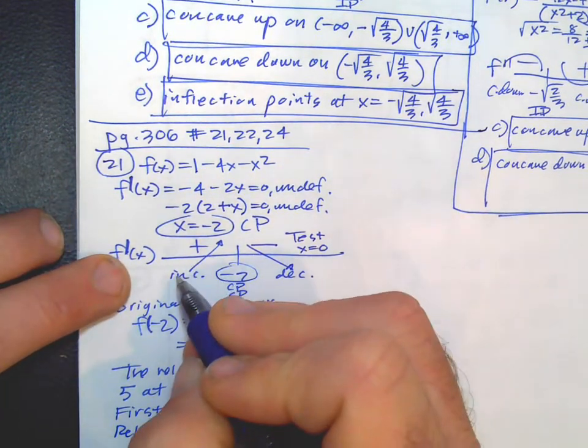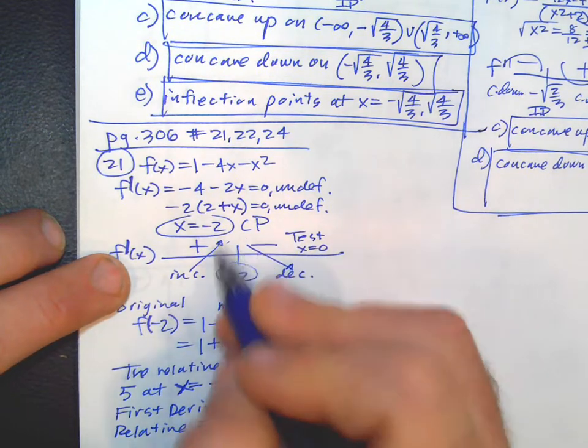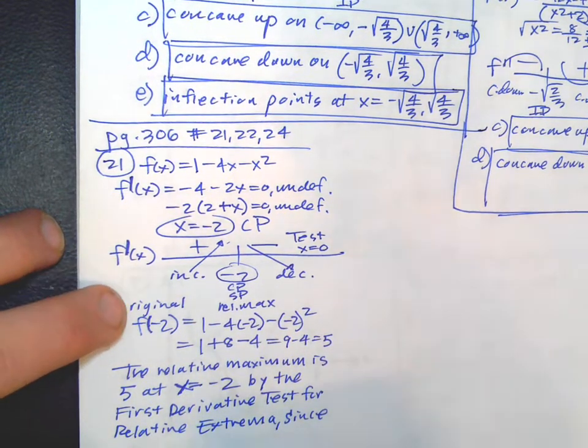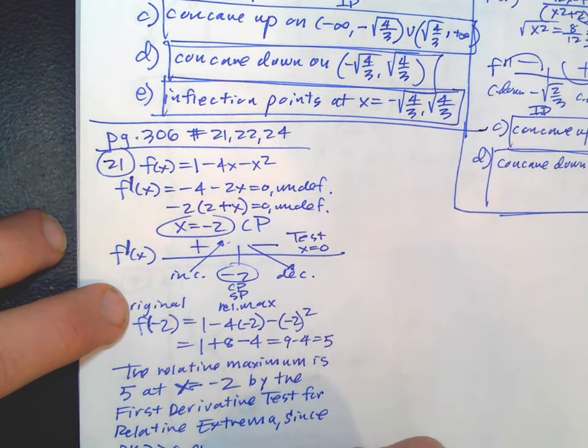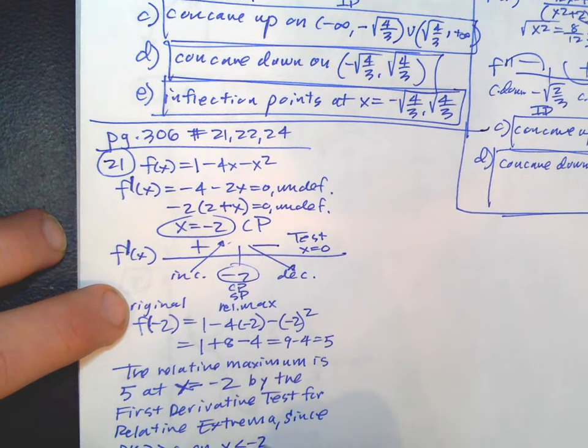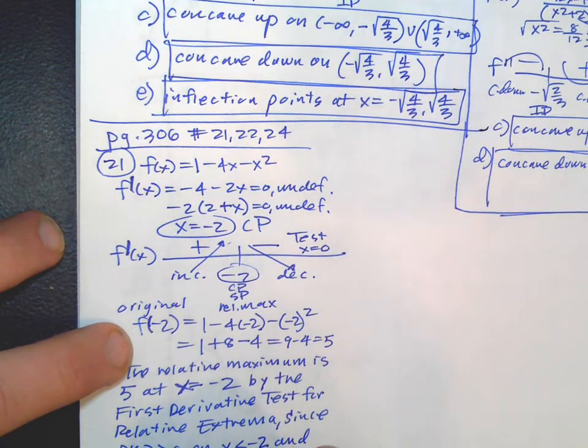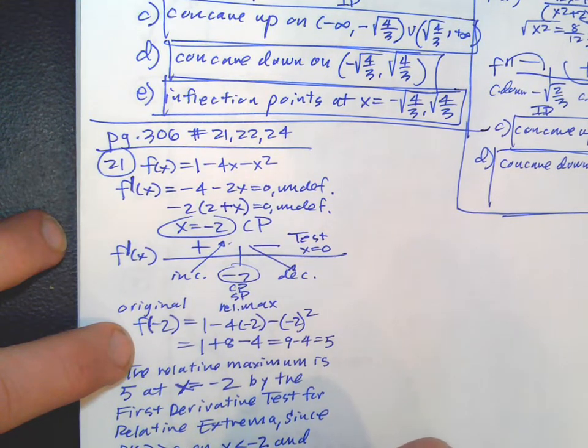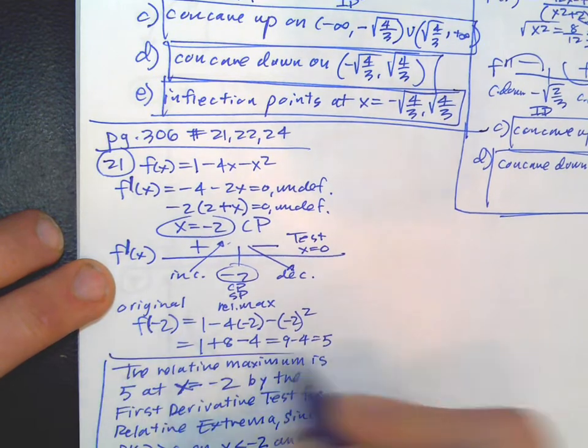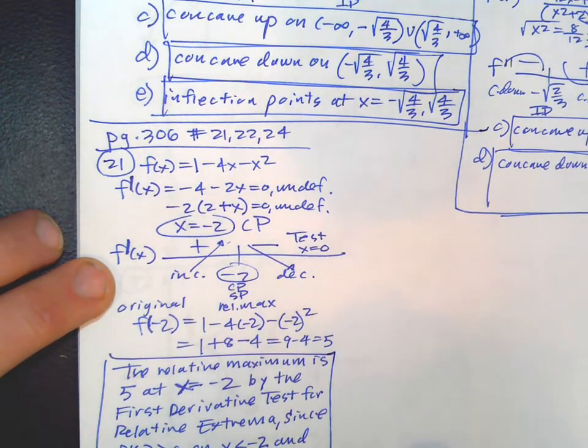Since it went from up to down, essentially, we know that's a peak because it went up and then it went down. So how do you write that in more technical terms? Since f prime of x was positive on x less than -2, and f prime of x was negative on the right side, which is when x is greater than -2. So this would be the most thorough, justified answer.